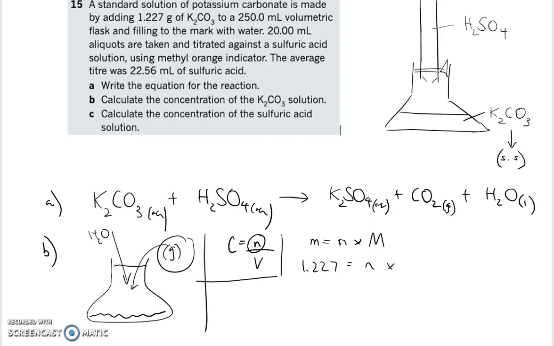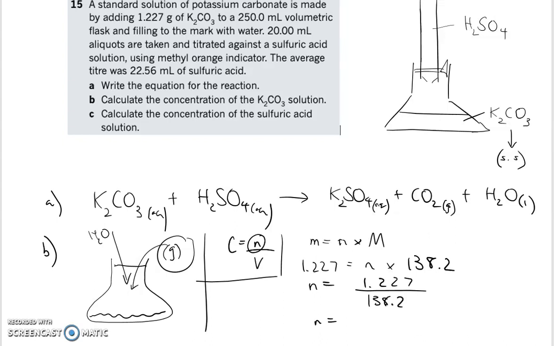So that is 39.1 plus 39.1 plus 16 times 3 plus 12, 138.2. So we know moles is equal to grams over the molar mass.